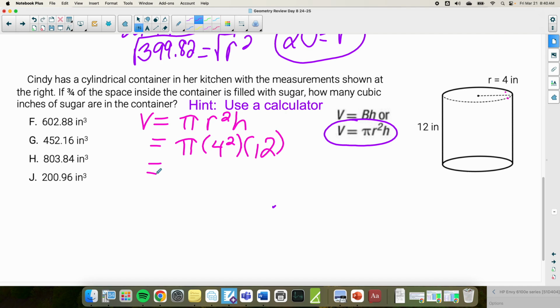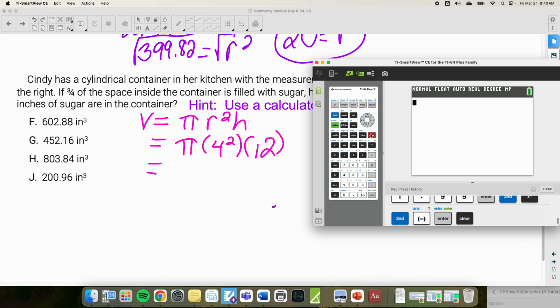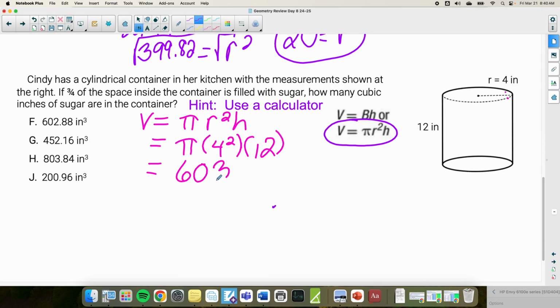Okay, so what I'm gonna do then is open up my calculator, and I would go pi, so I'm gonna go second up arrow, which is pi, times 4 squared times 12, and that is 603.19. Is that what you guys got too? 603.19.